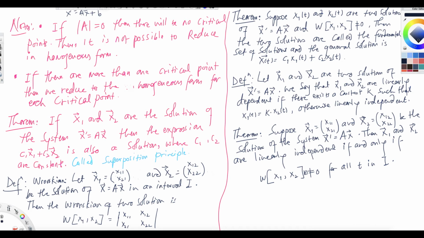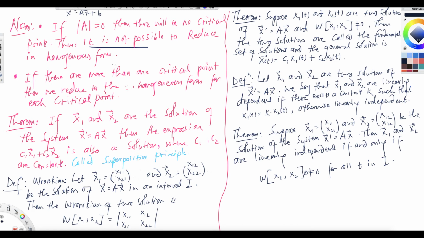But if the determinant of matrix A is 0, then you cannot find the critical points there. So in that case, it is not possible to reduce the non-homogeneous form into the homogeneous form. Okay, that's one of the notes.